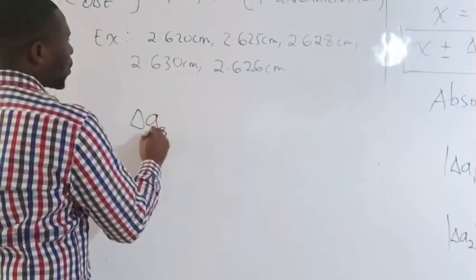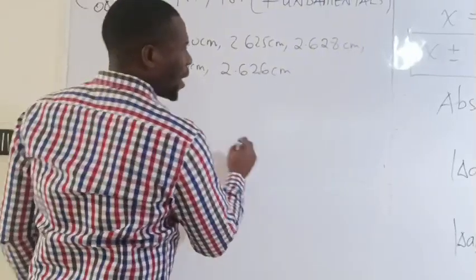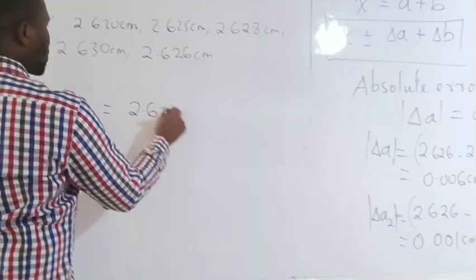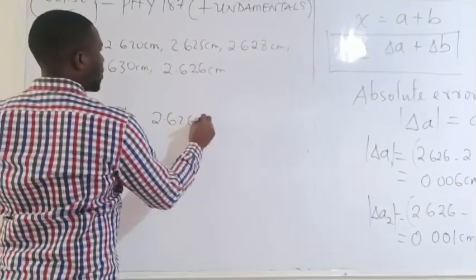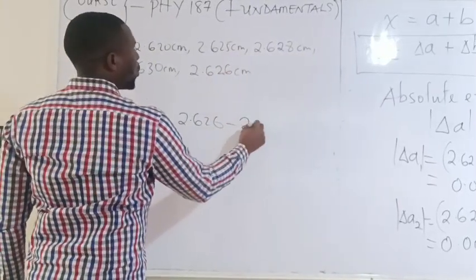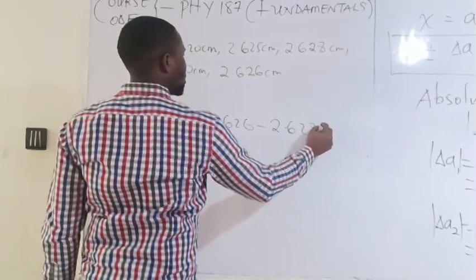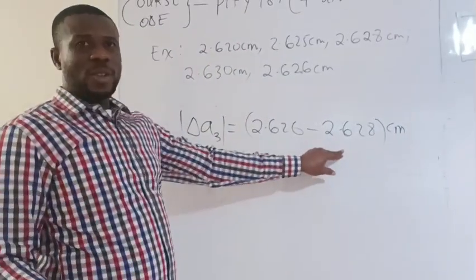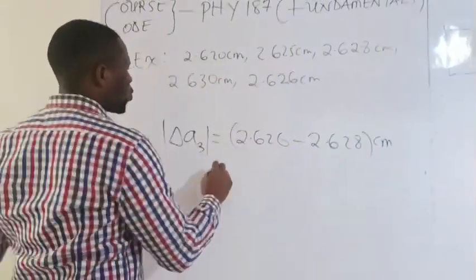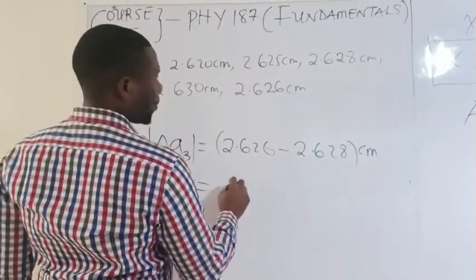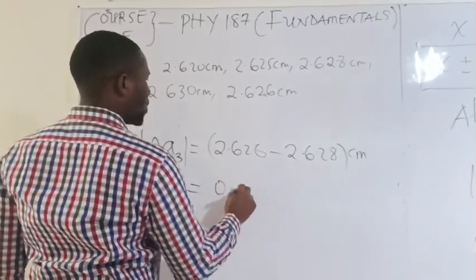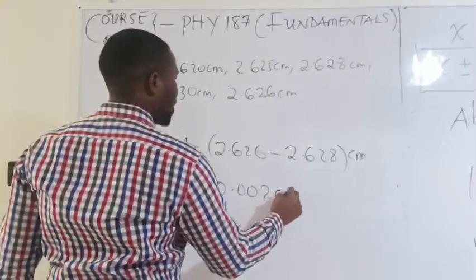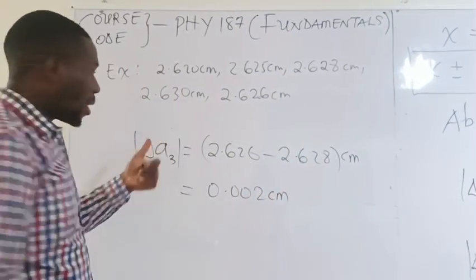It would be the mean value, 2.626, minus 2.628, all in centimeter. I could get a negative value out of it, but I'm interested in the positive part. So this is just 0.002 centimeter, since I don't need a minus sign, but I care for the plus.